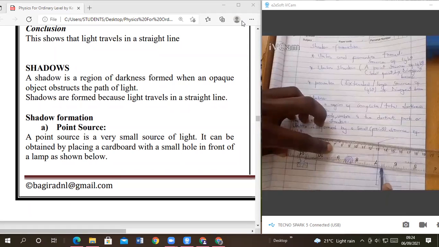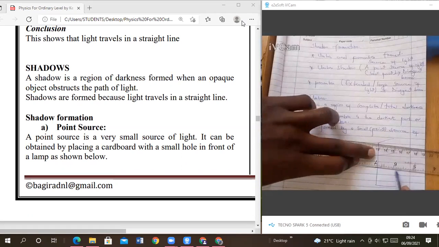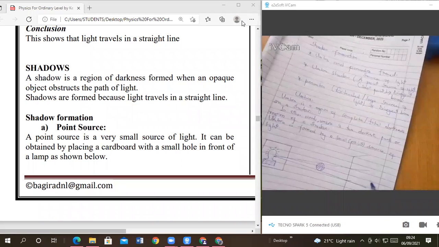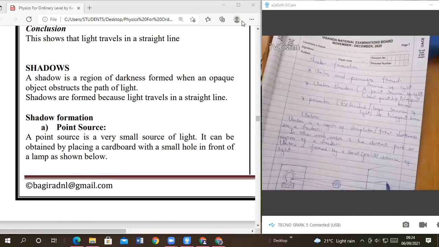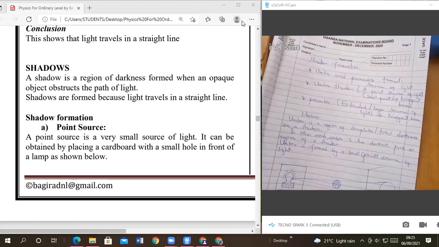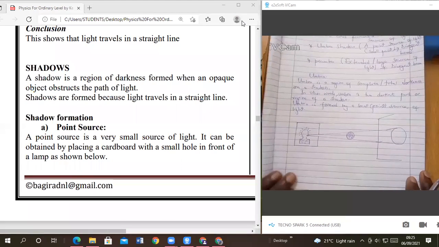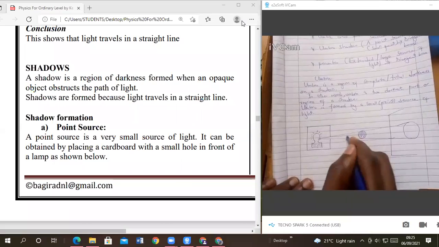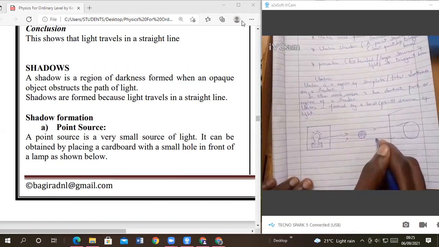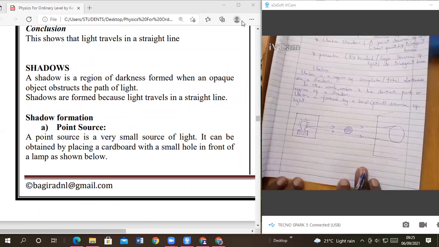Then we join it to that. Don't forget to put the arrow because these are light rays.